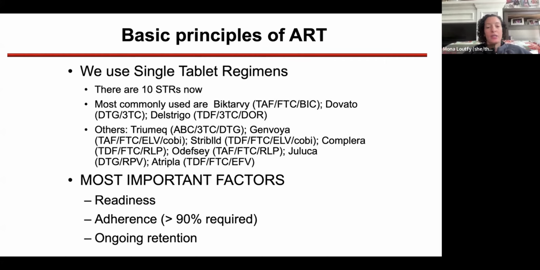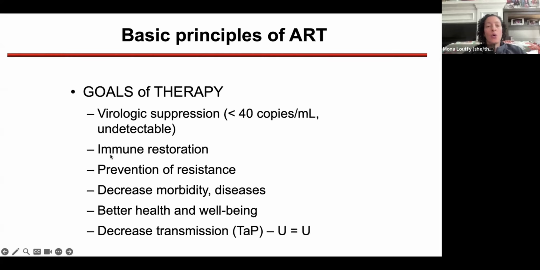That's called a rapid start, because some studies have shown that the sooner you start the antiretroviral regimen, the more people are likely to continue in care. And that's to support ongoing retention, and we want adherence to be 90% or higher.